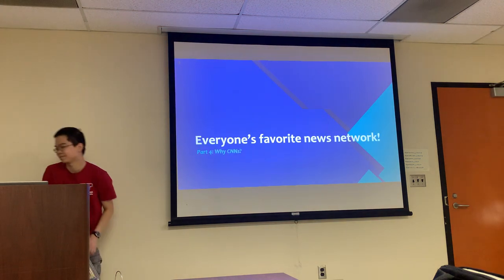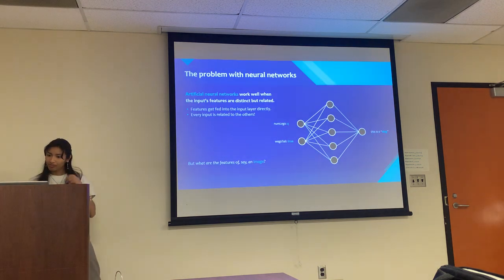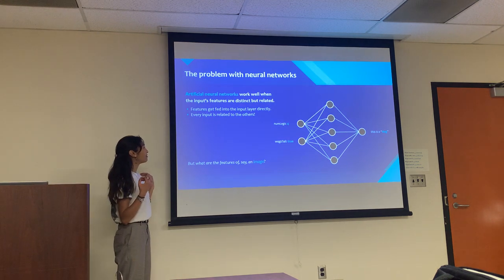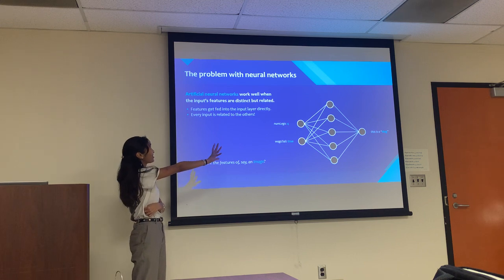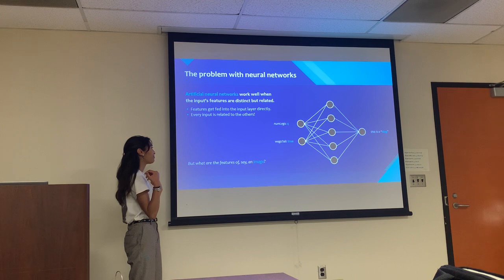Okay, so now we're going to be talking about convolutional neural networks, or CNNs. Something that's a key part of what Justin said is that all the layers and all the neurons are interconnected. They're all connected to each other, and sometimes our features are not always connected to all the other features.